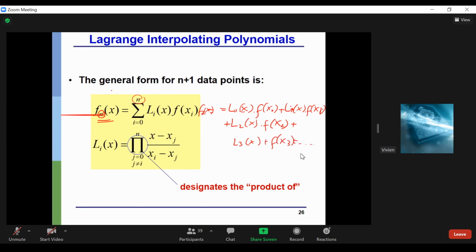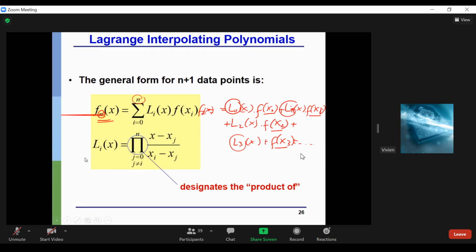Now the question is how to get the values of L0, L1, L2, and L3. This f(xi) is the function, the value of the data that we have. Now the question is how to get L0.